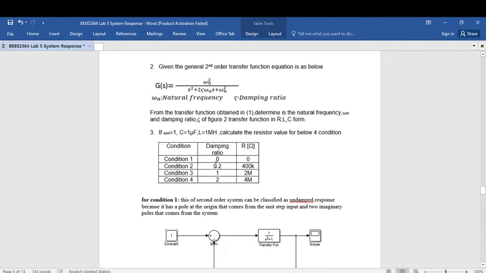We have different damping ratios and different conditions, which are condition 1 is 0, condition 2 is 0.2, condition 3 is 1, condition 4 is 2.